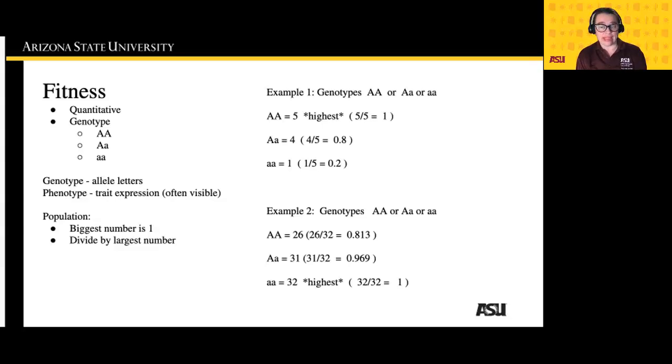Big A, little a is 31 out of 32, or 0.969. Big A, big A is 26 out of 32, or 0.813. The greatest fitness is little a, little a, followed by big A, little a, and the least successful would be big A, big A.